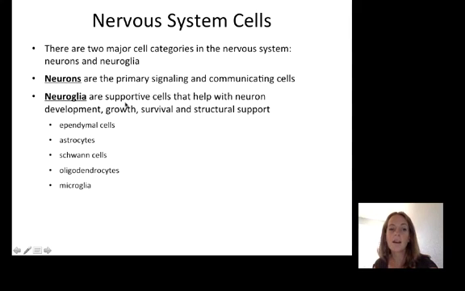You should have done more on this in your anatomy course, so review that if you need to. But the glia are the ependymal cells, the astrocytes, the Schwann cells, oligodendrocytes, and microglia. They are supportive cells that help with neuron development, growth, survival, and structural support. Whereas the neurons are going to be the signaling, both electrical and chemical signaling, and communicating cells.